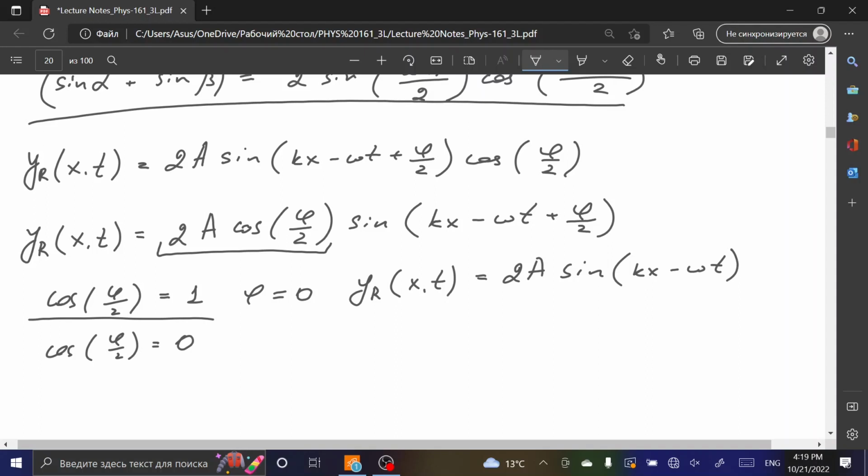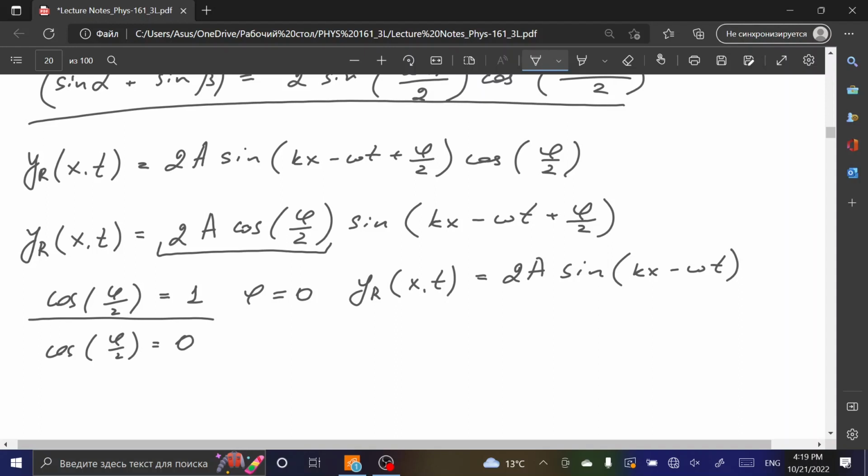So actually it is the same as the expression for the second wave we had previously. However, here we have 2A. So that stands for so-called constructive interference, when we have overlap of two waves in the same phase.